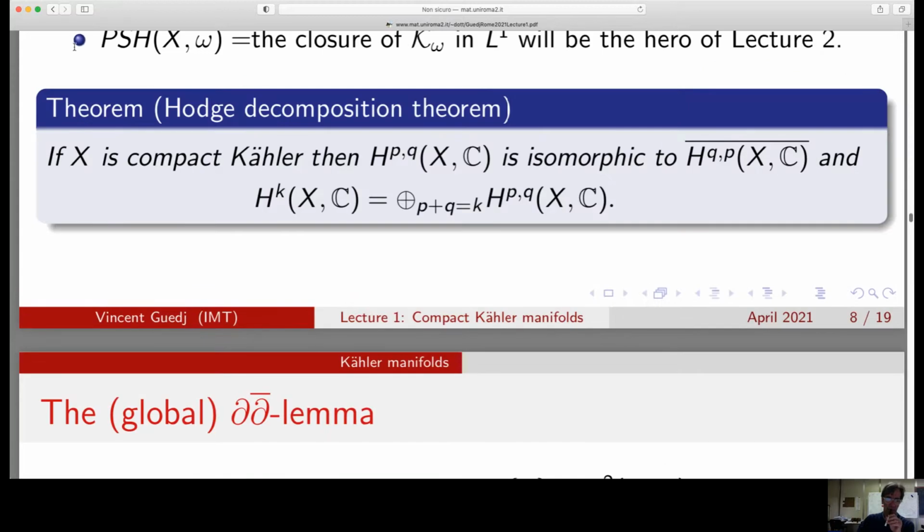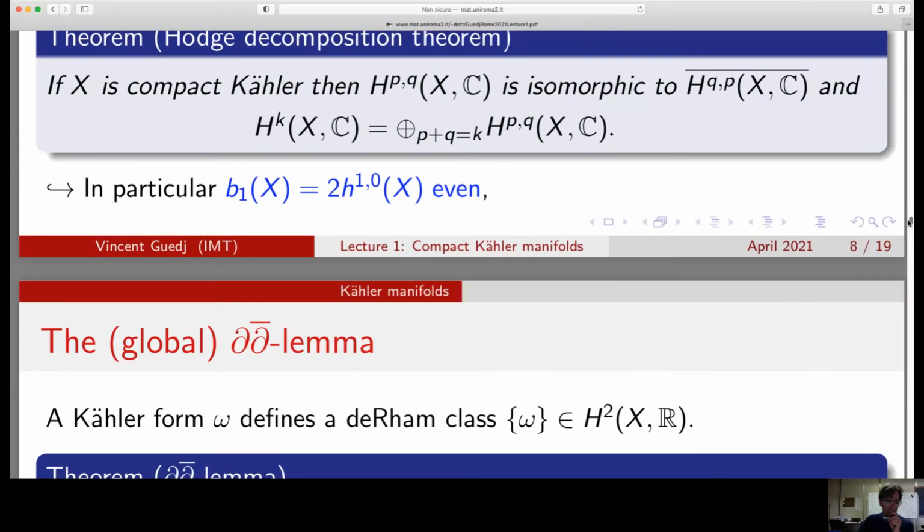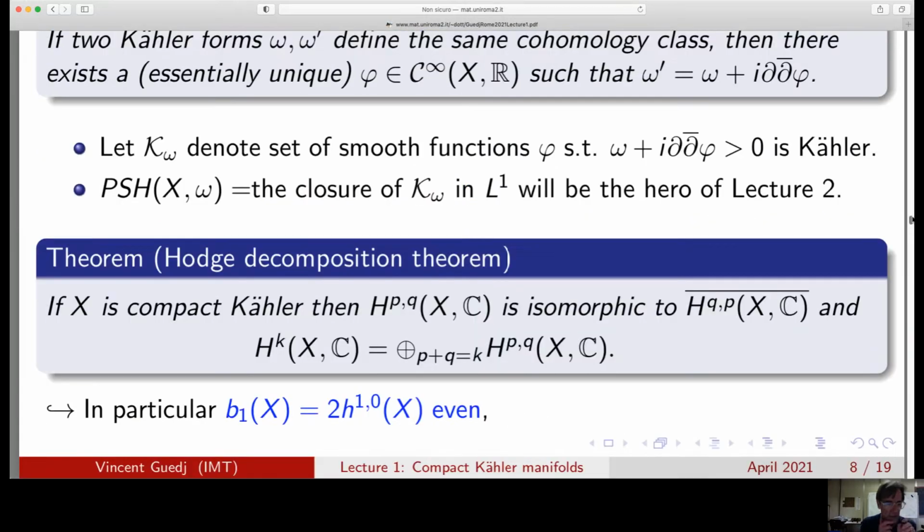So these two spaces, H^{p,q}(X,C) and the conjugate of H^{q,p}(X,C), are related by a map that is not holomorphic linear, but anti-holomorphic. Then, this Hodge decomposition says that the first Betti number b1, the dimension of the first cohomology H^1(X,C), is equal to 2 times h^{1,0}, that is h^{1,0} plus h^{0,1}.